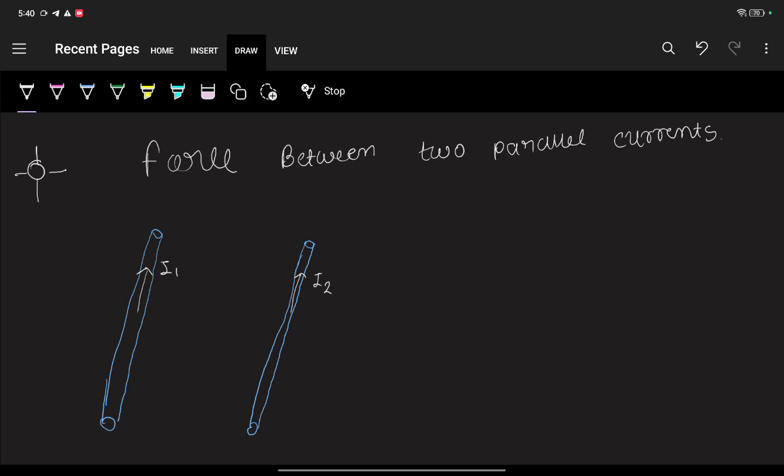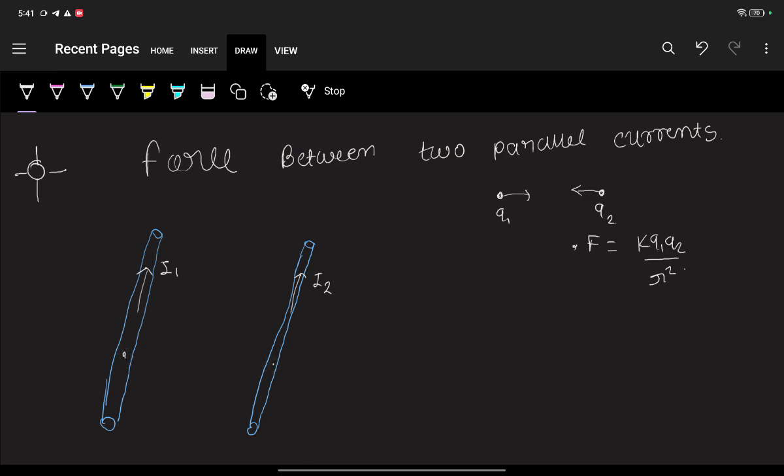Now according to Coulomb's law, force on both the charges due to each other is given by F is equal to K Q1 Q2 upon R squared. So like this way, what would be the magnetic force applied by each of these wires on the other one?